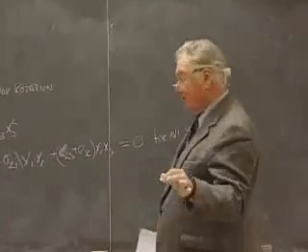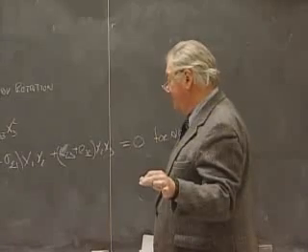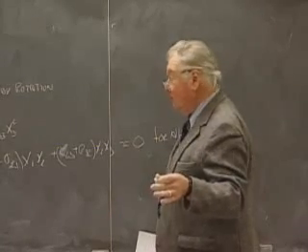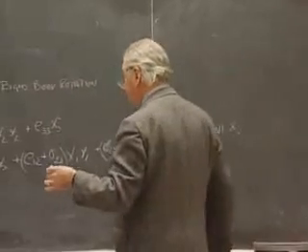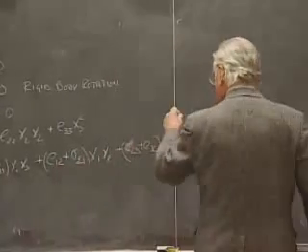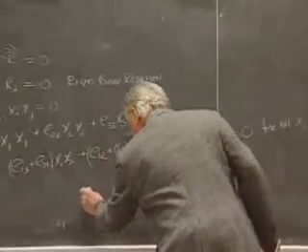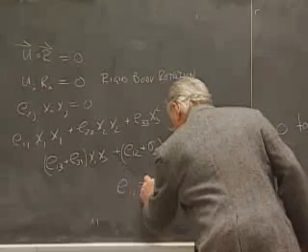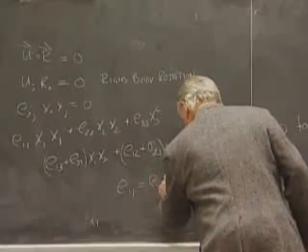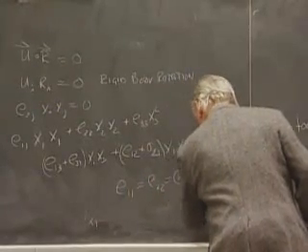It's the only way I'm going to be able to get the whole thing to disappear for any value of coordinate x1, x2, x3. So we're going to then have E11 equals E22 equals E33 equals 0.